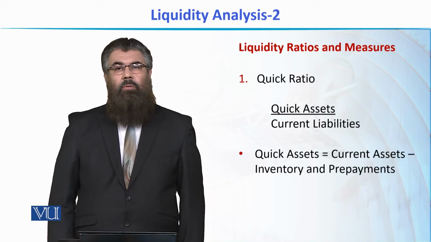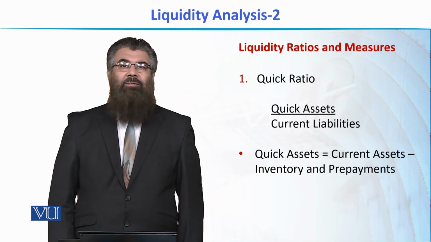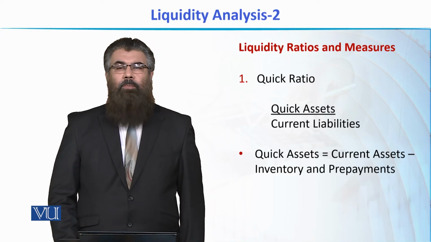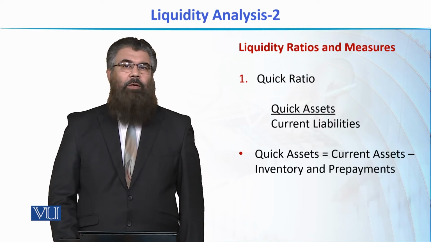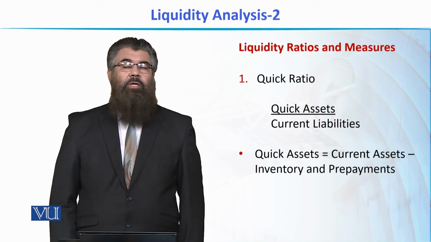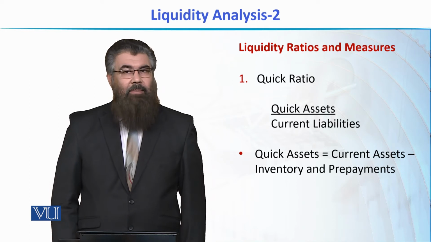Quick ratio is a ratio which gives us more, you can say, pinpointed or focused liquidity. यानी करंट एसेट्स में कुछ ऐसे एसेट्स भी शामिल होते हैं कि जिनको कैश में कन्वर्ट करने में कुछ टाइम लगता है.